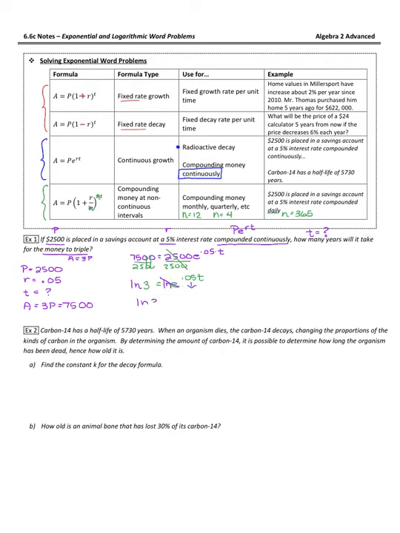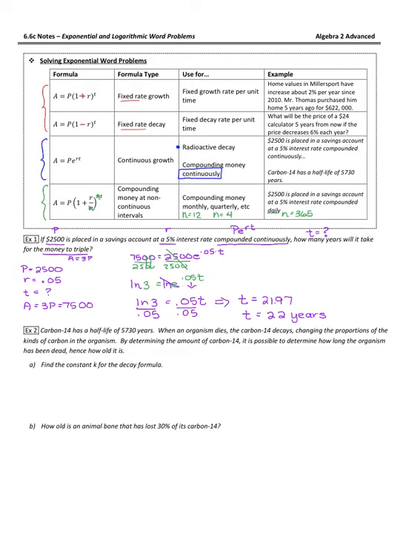So we have ln of 3 equals 0.05t, so I can divide by 0.05, and then you would go to your handy dandy calculadora, and you would find that gives you about 21.97, and with years we tend to round to the nearest year. So it will take 22 years for your money to triple in value at that rate. That is your traditional compounded continuously problem that we've been doing.